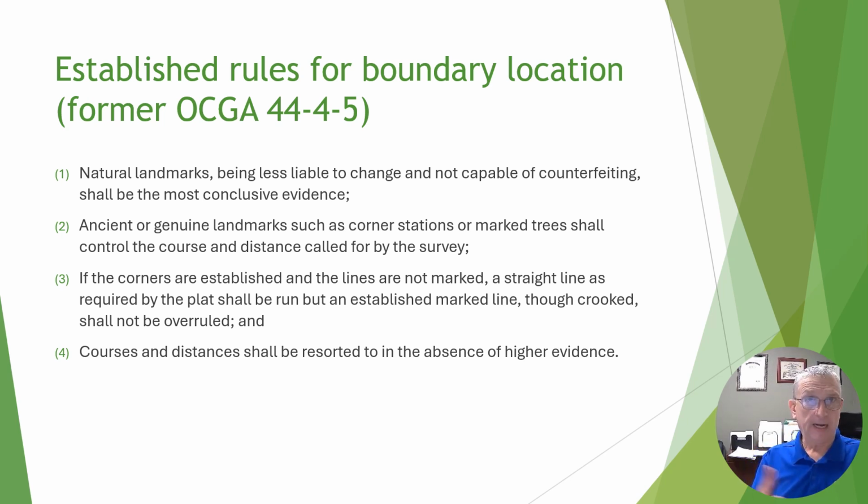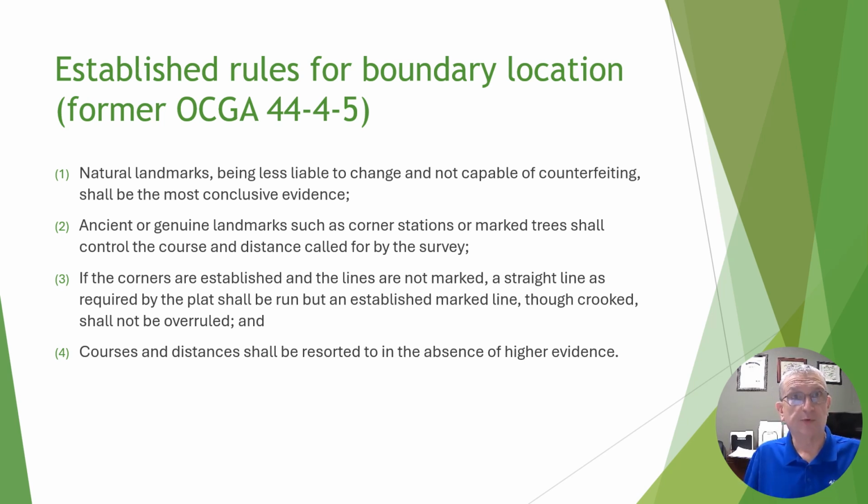And falling back on what I was just talking about, that established subdivision line where those pins are not in a straight line. Number 3, if the corners are established and the lines are not marked, a straight line as required by the plat, in other words, what you're going by, shall be run. But an established marked line, though crooked, shall not be overruled.